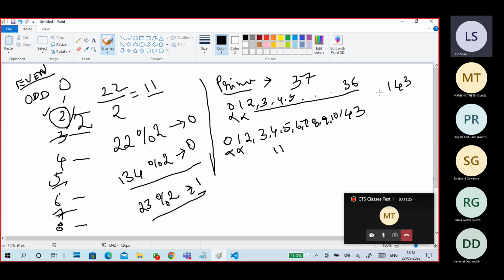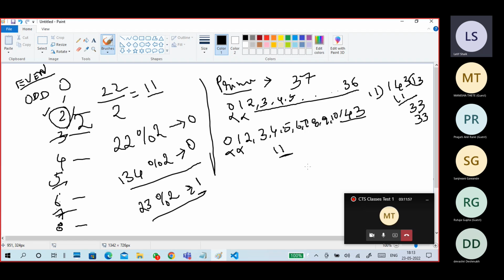That's why I am trying to give this example. 11 times 13 is 143. So when it is found that 11 can divide 143, then it is not a prime number.